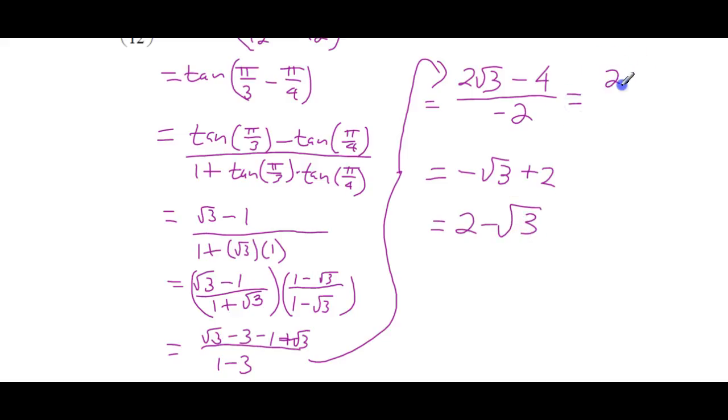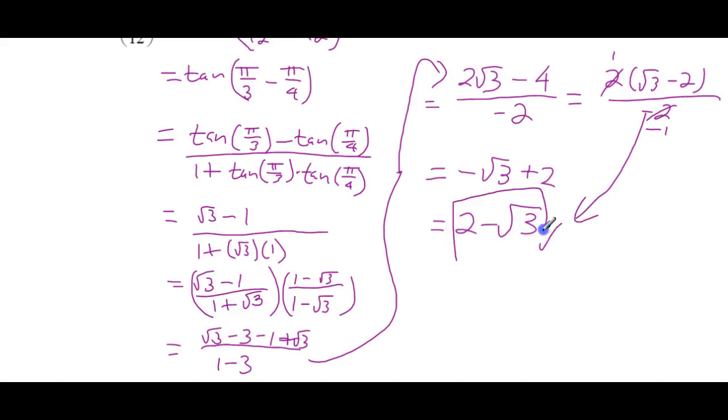Factor a 2 out of the top, gives me root 3 minus 2. Got a 2 on the bottom, negative 2. These guys cancel, leaving me with negative 1. Change these signs. There you go. 2 minus root 3. Done.